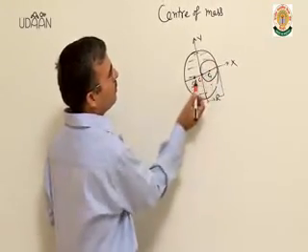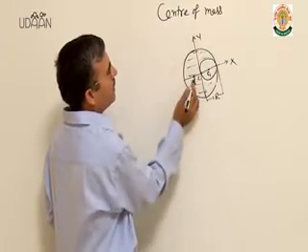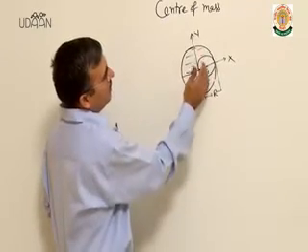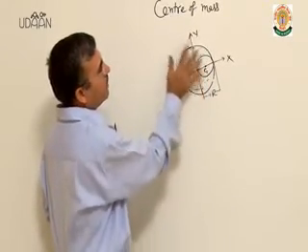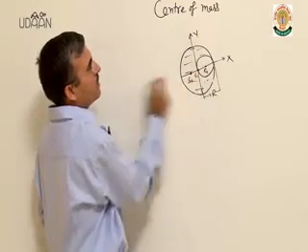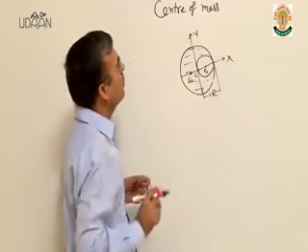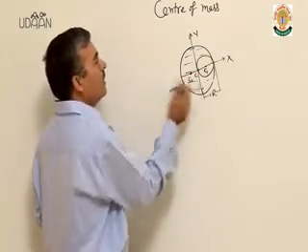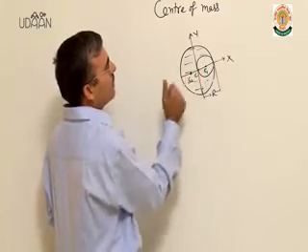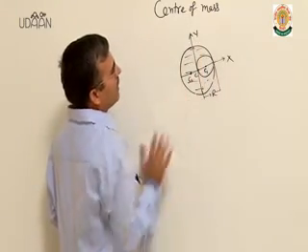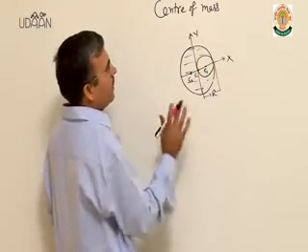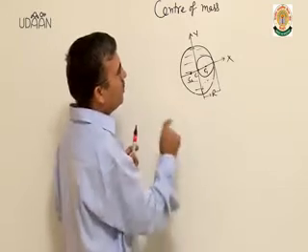Now I want to find out the position of the center of mass of the residual part. Definitely due to symmetry, the center of mass will shift this side. I want to find out its position. Okay. For simplicity, I take C as the origin, with x-axis and y-axis like this. Again, the masses will be in the ratio of the areas.